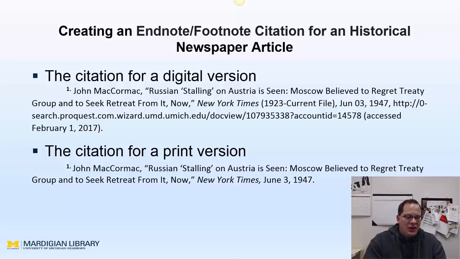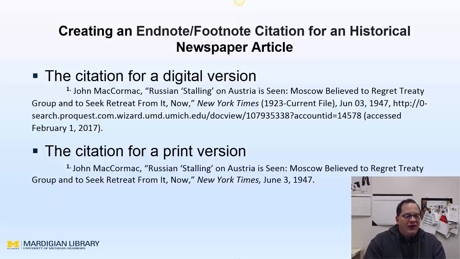But you are going to be using the New York Times historical newspapers and other historical newspapers from ProQuest quite a bit, so it's good to understand this version of the newspaper article citation.